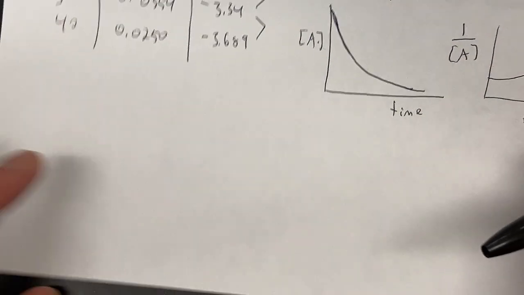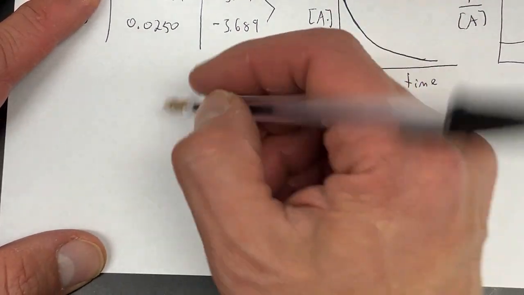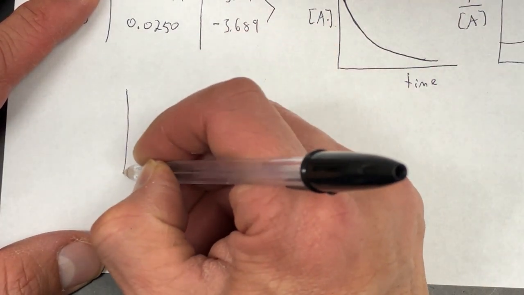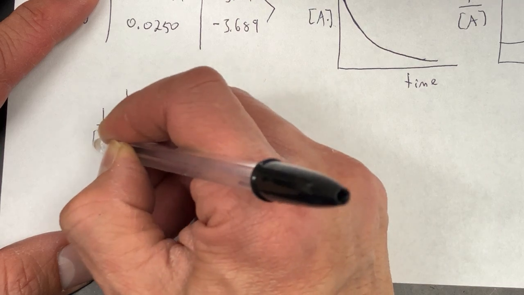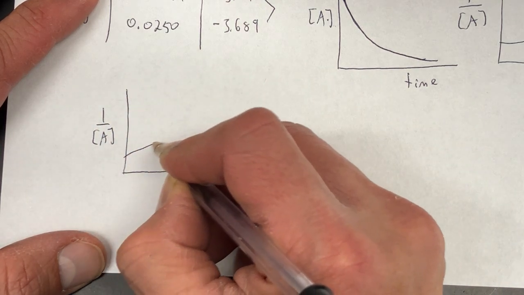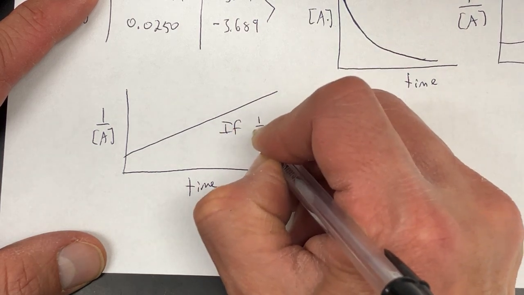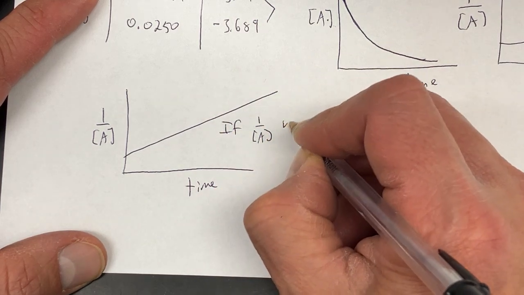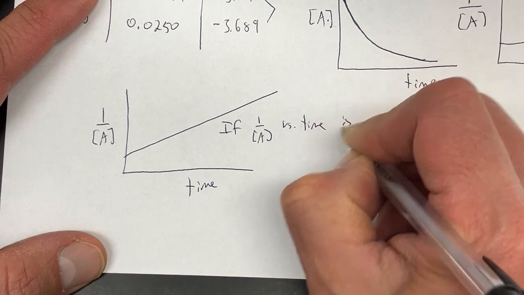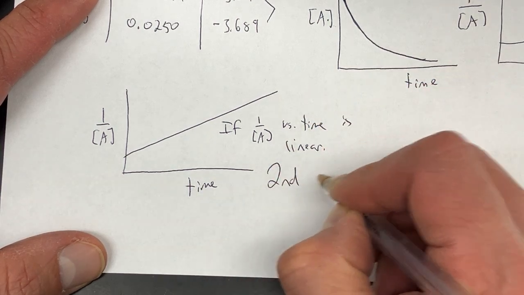I'm not going to do data for that because I couldn't find any data easily. But if I see that 1 over A versus time is linear, then it's a second order process.